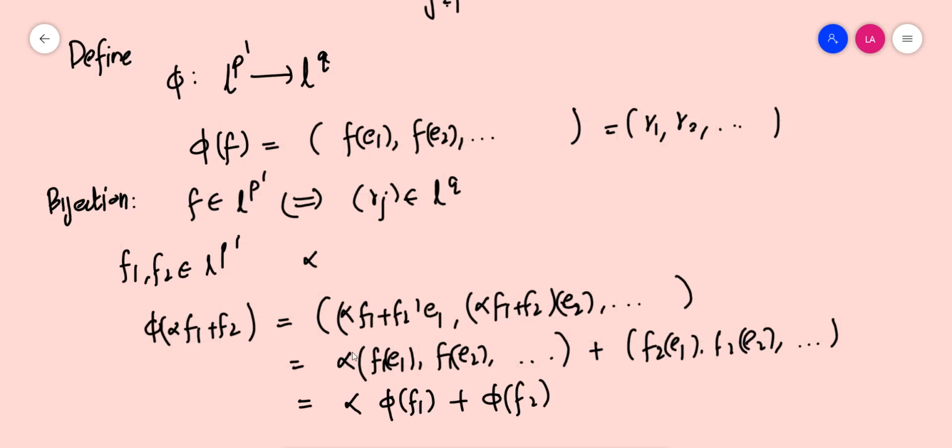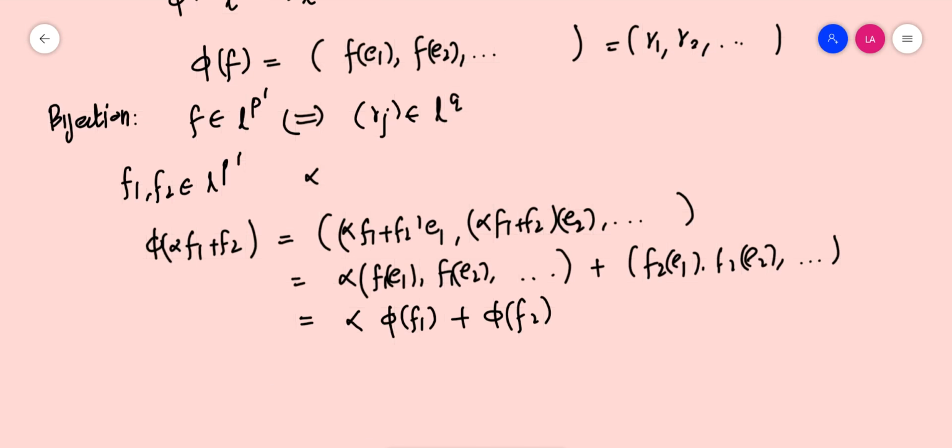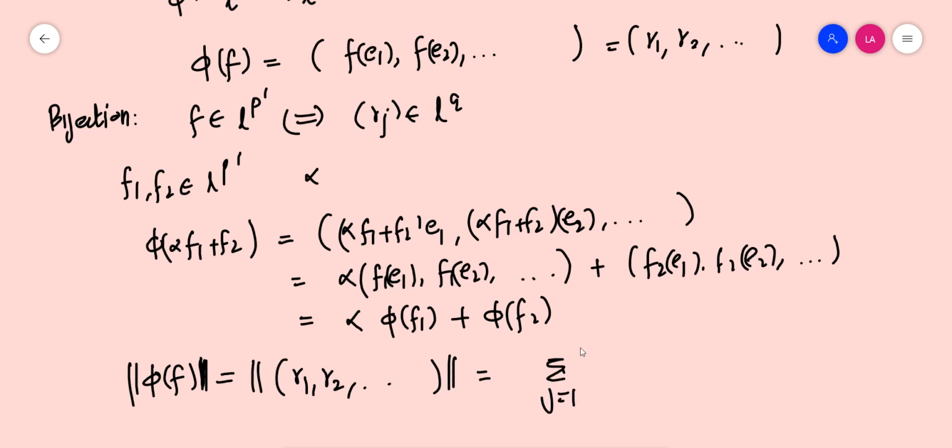So phi is actually linear and a bijection, and it preserves norm as well, because norm of phi of f should be equal to the norm of this gamma 1, gamma 2, etc., which is in LQ. In LQ, the norm is summation j is equal to 1 to infinity modulus of gamma j the whole raised to q the whole raised to 1 by q.